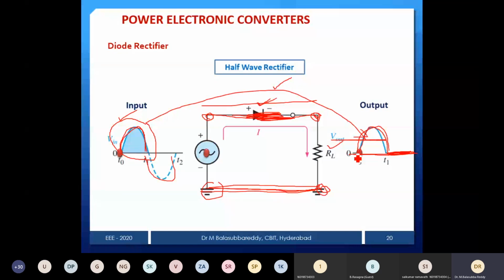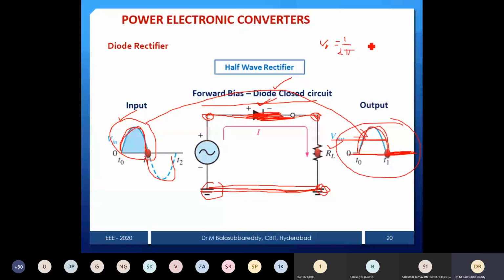Suppose you want to find Vout or VDC, it is just the average of this expression. Because one full cycle has to be taken, it is 1 by 2 pi, and the integral limits are 0 and, for one half cycle, pi.